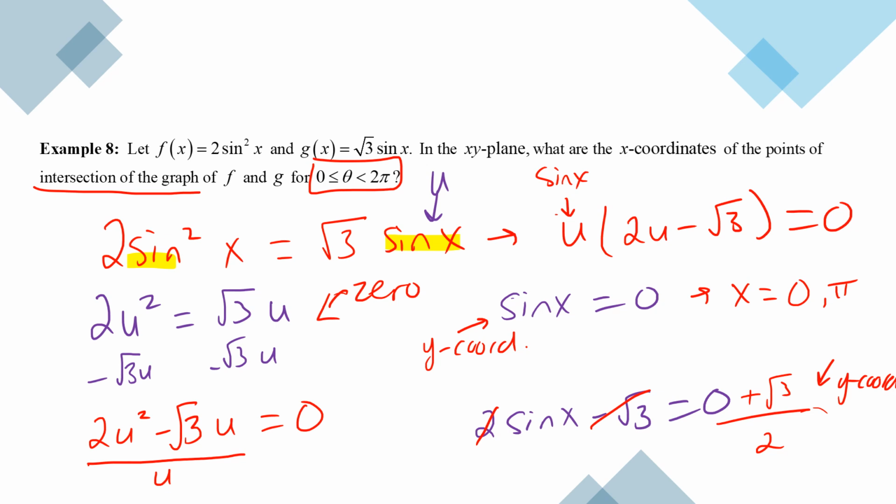You're in which quadrants? 1 and 2. And you're going to get pi over 3 and 2 pi over 3. So x equals pi over 3 and 2 pi over 3. So your 4 solutions are as follows.